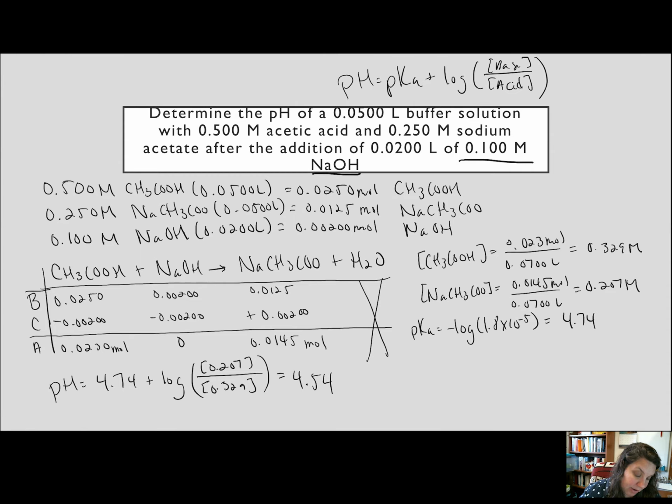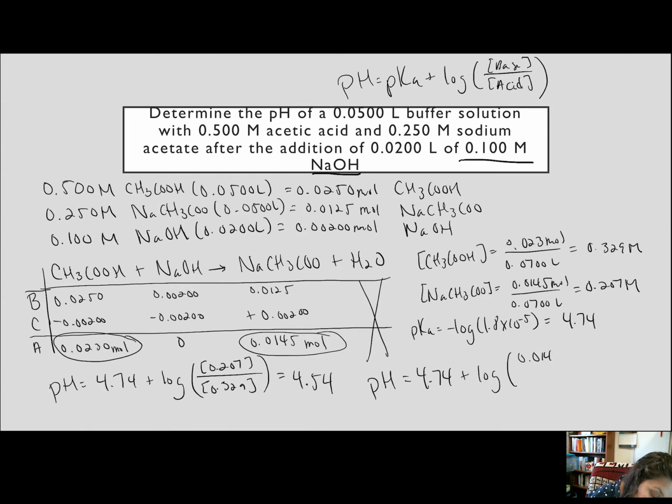Now, as a note, I said we could also just put our mole amounts in because they're in the same volume, so I just want to show that real quick. If we do just moles, pH is equal to 4.74 plus log 0.0145 moles divided by 0.0230 moles.